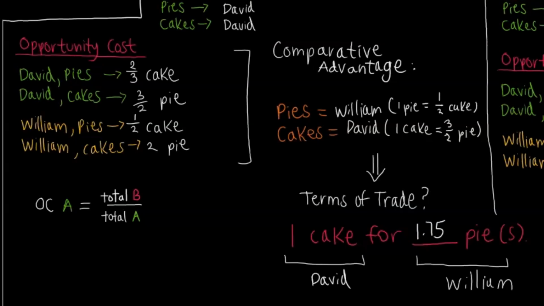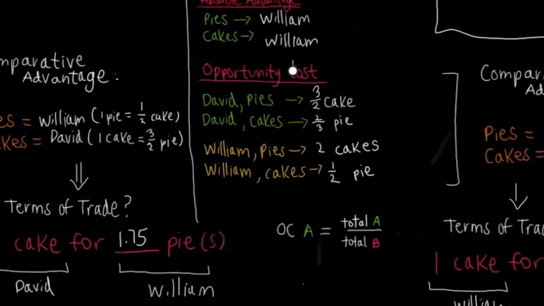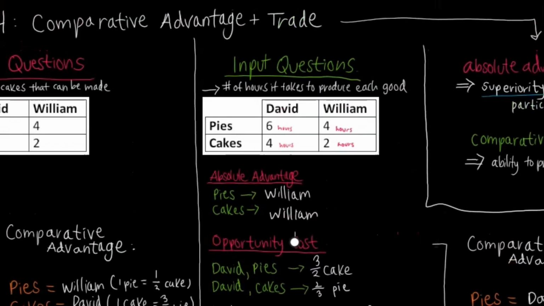He found somebody else, David, to produce it at a cheaper price. So because the opportunity cost for cakes is between 1.5 and 2 pies, we just need a value between 1.5 and 2 that satisfies both sides. In our case, that is 1.75.